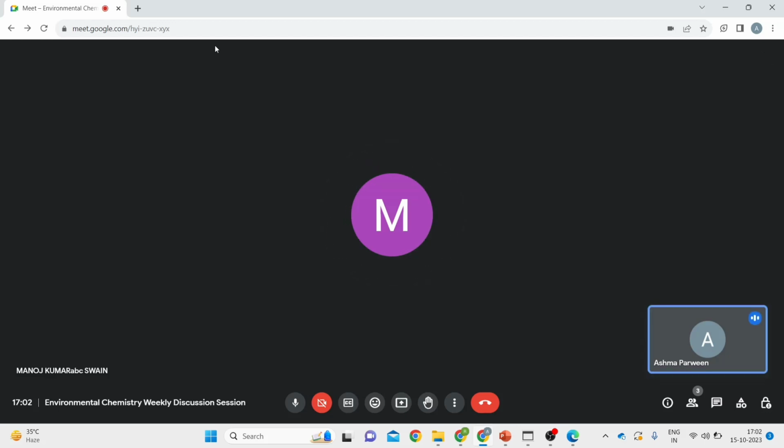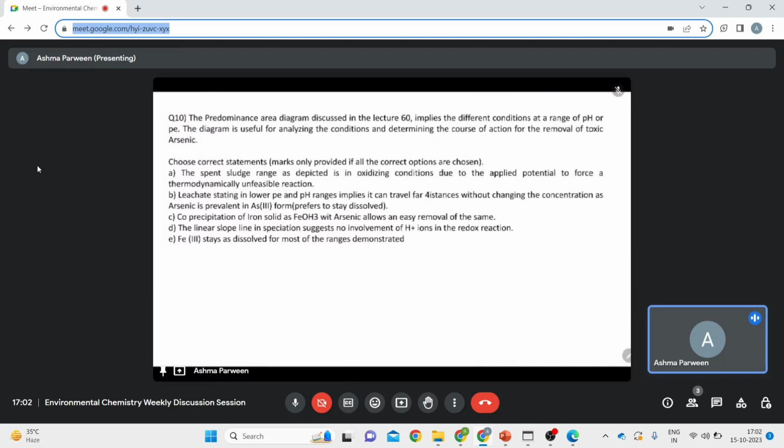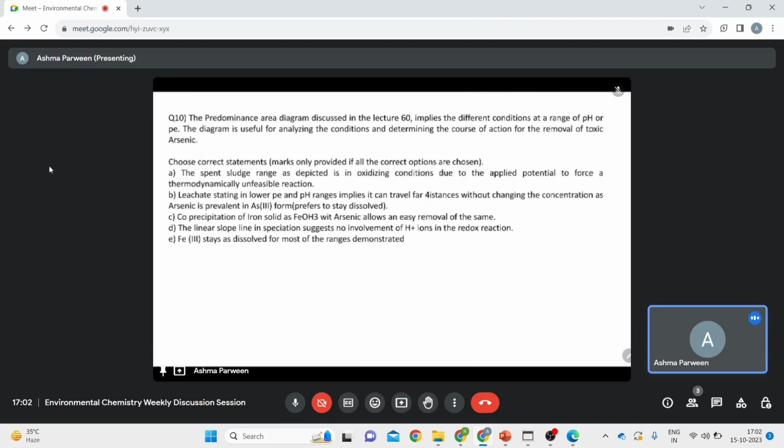Okay, let me share my screen for a second. So this was the question, and I have shown you the area predominance diagram for iron and arsenic, which was discussed in lecture 60. Based on that, options B and C are correct: at low pE and pH values, arsenic exists in the arsenic 3 form and is in the dissolved form.